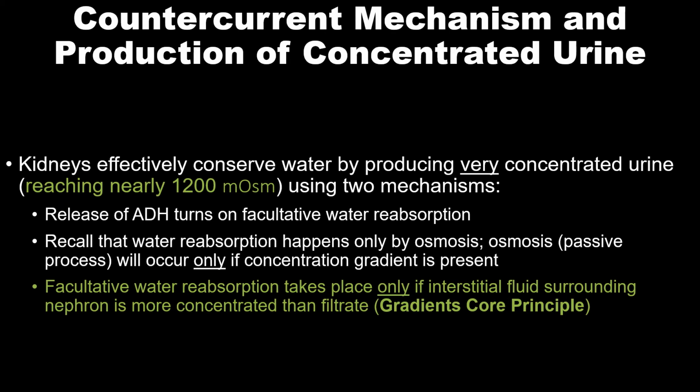And that makes sense. There's less water in the interstitial fluid, more water in the filtrate. Water is going to flow from high to low. And the interstitial fluid within this renal cortex has about the same osmolarity normally as all the other interstitial fluid, about 300 milliosmoles.